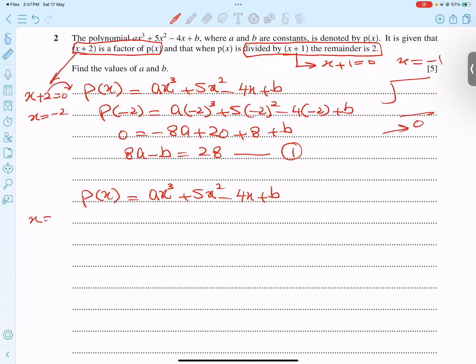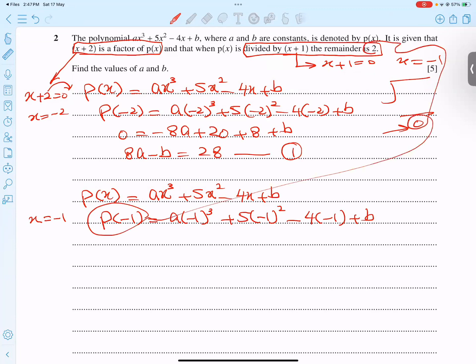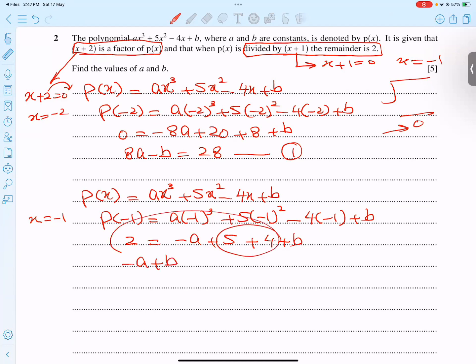I replace every x by minus 1, and this is replaced not by 0, but by the remainder 2. So 2 equals negative a plus 5 plus 4 plus b. So I am reshuffling again, and I got negative a plus b. This 9 goes there. I got negative 7.